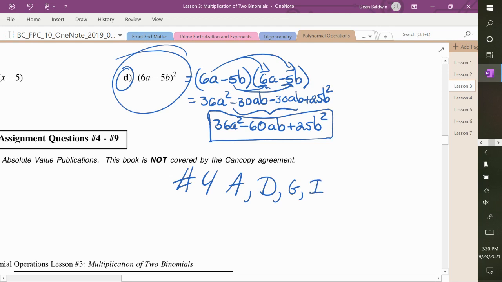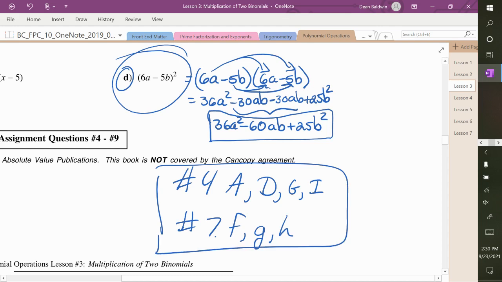Then numero 7, we need to do F, G, and H. Please.